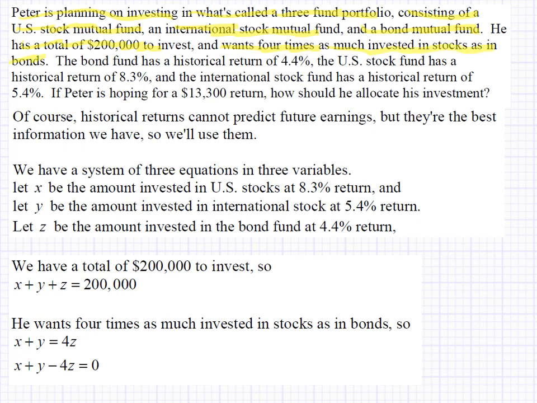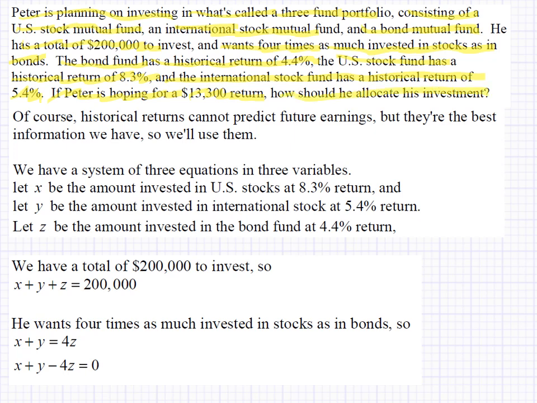The bond fund has a historical return of 4.4%. The U.S. stock fund has a historical return of 8.3%, and the international stock fund has a historical return of 5.4%. If Peter is hoping for a $13,300 return, how should he allocate his investment?